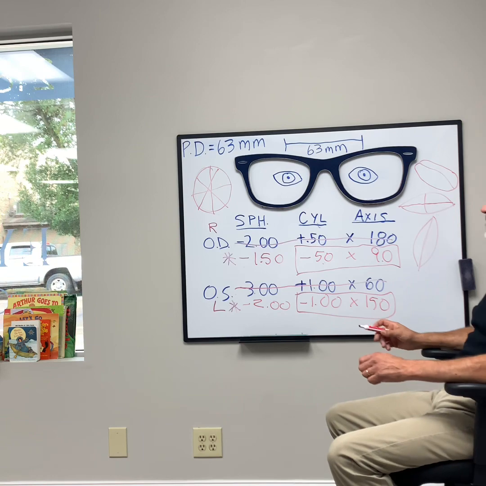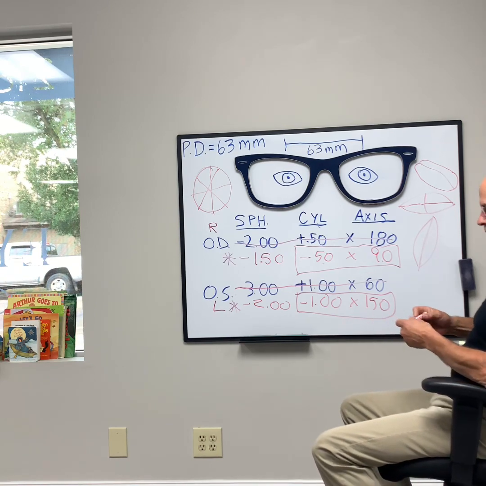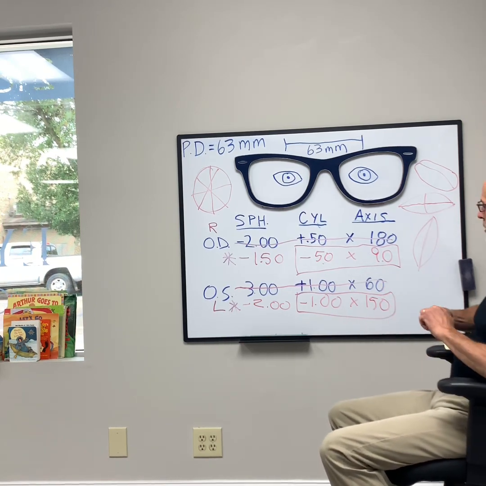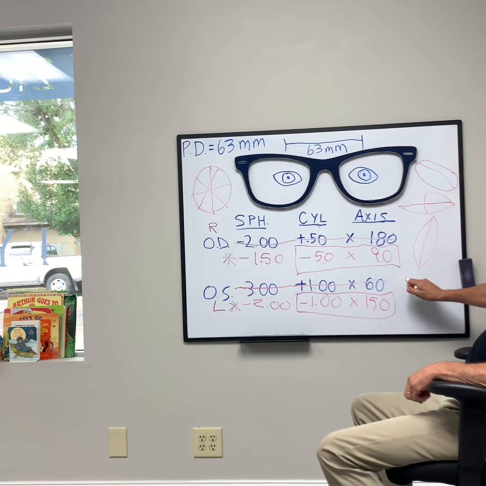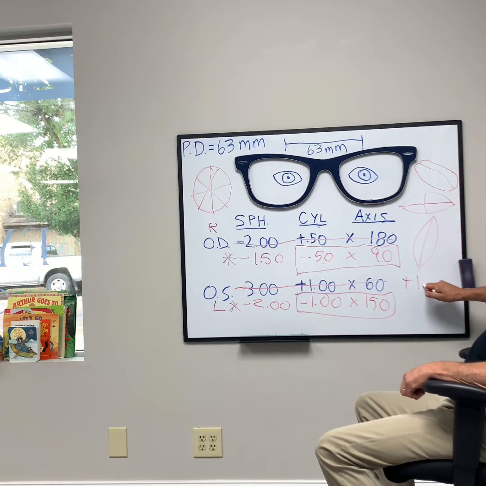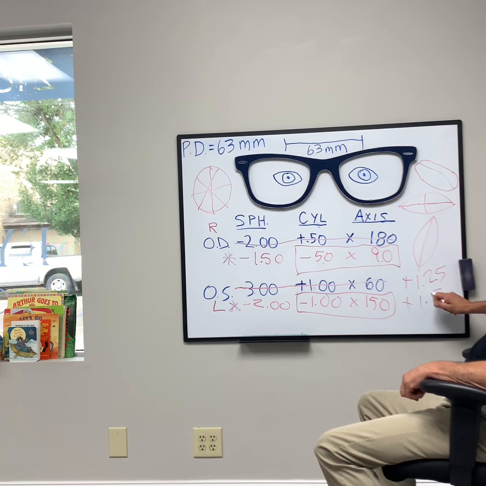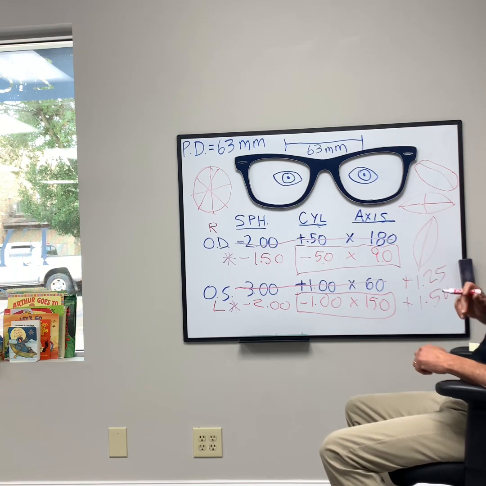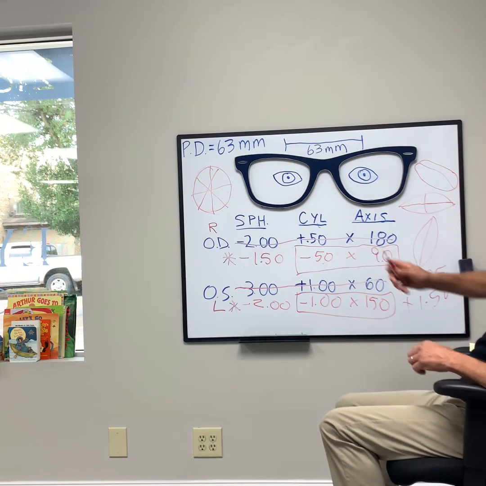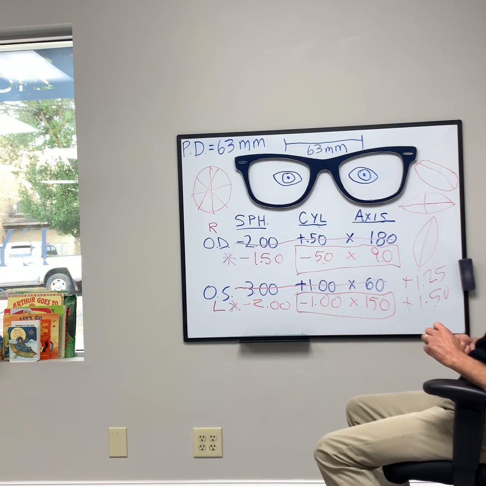That's astigmatism. Sometimes if you are 40 years and above, you will have a bifocal add power, something like a plus 1.25 or a plus 1.50. As we age, this bifocal number gets stronger and stronger. So that's kind of the prescription end of it.